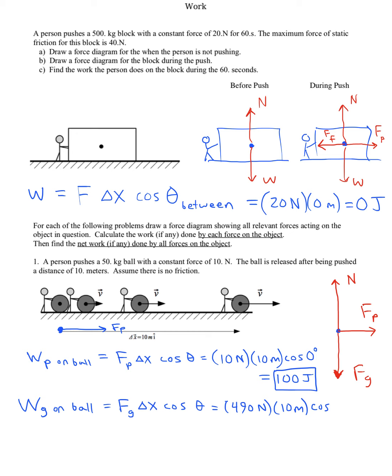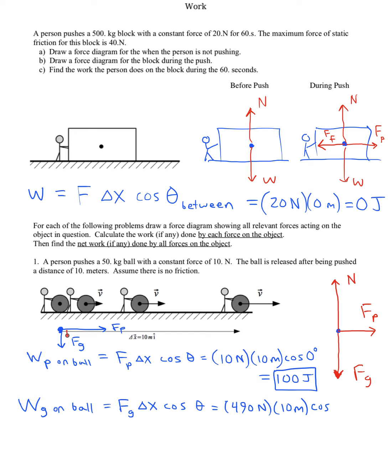But what angle is between the force of gravity and the direction of the ball's motion? Well, the force of gravity is directed down. But the ball doesn't go down. It goes to the right.